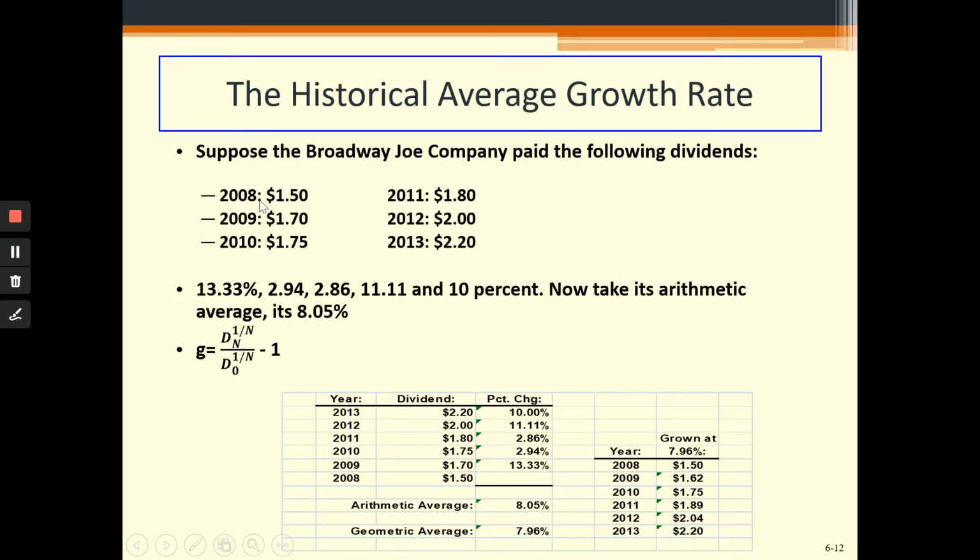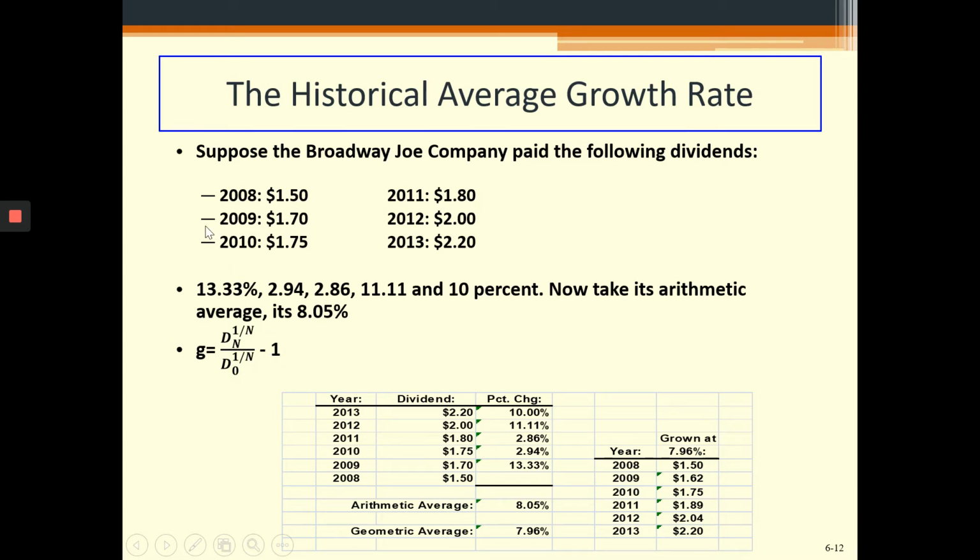How the dividend grows from 2008 to 2009 means 1 year. Then 2009 to 2010 is the second year, 2010 to 2011 the third year, 2011 to 2012 the fourth year, and 2012 to 2013 the fifth year. So n here is actually 5. So Dn is 2.2 raised to the power 1/5, whole divided by the base dividend, 1.5 raised to the power 1/5, minus 1.